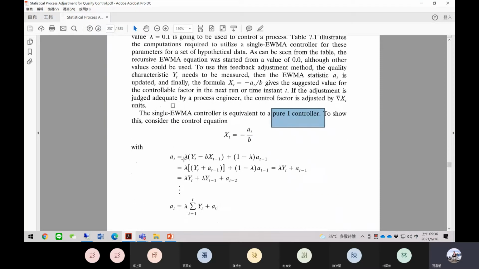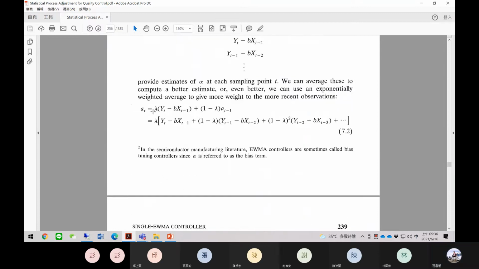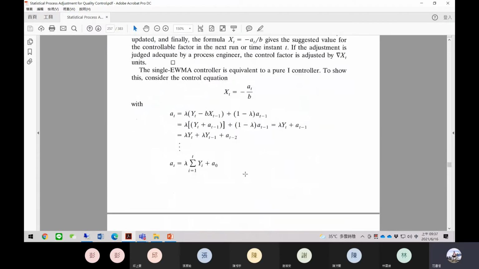So you can do this recursively. We apply this equation here, lambda yt. We do the reparameterization.